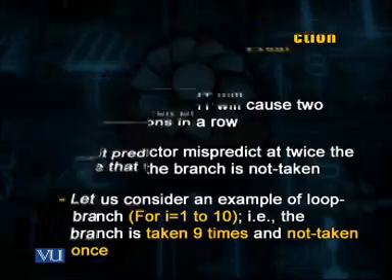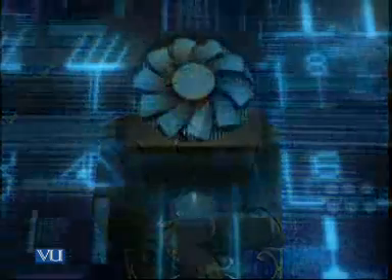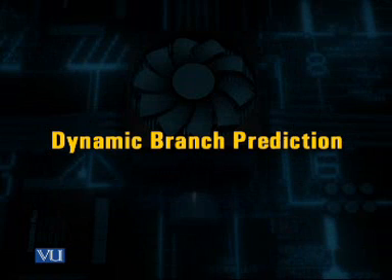Once on the first iteration, because the prediction bit is either initially set for not taken or had been flipped for wrong prediction during some previous execution. The second misprediction is on the last iteration, when the prediction bit is set for branch taken, because this is always there.